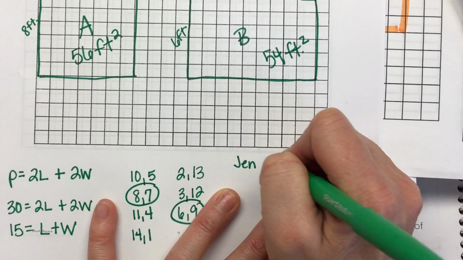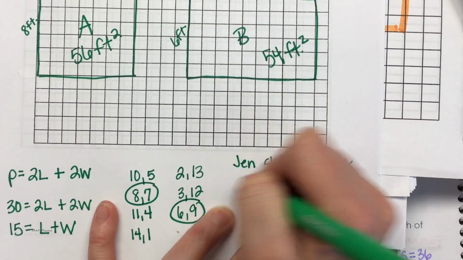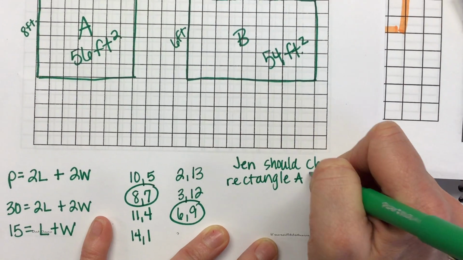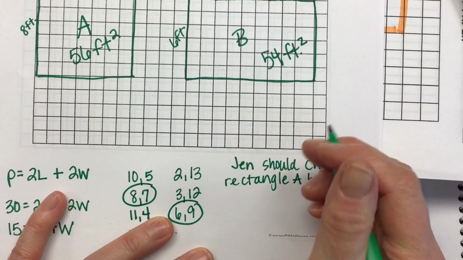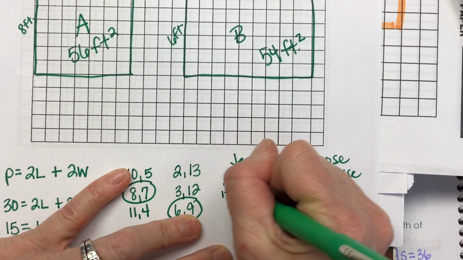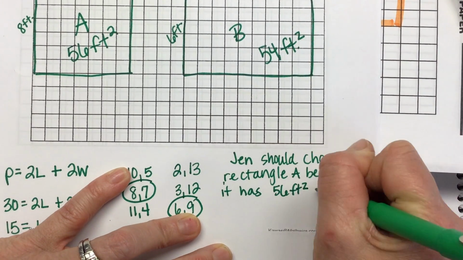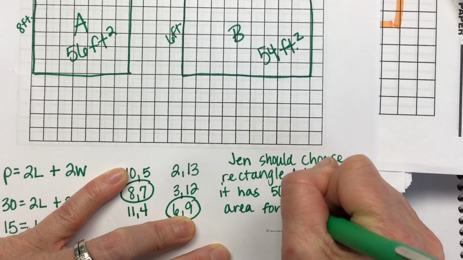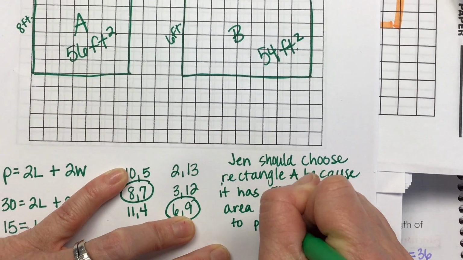Jen should choose rectangle A because it has 56 square feet of area for the horse to play.